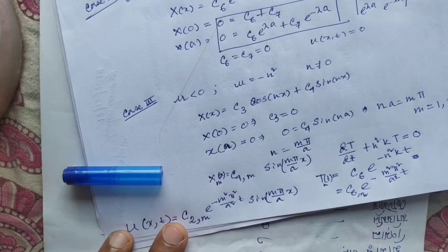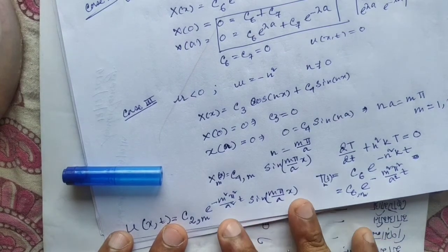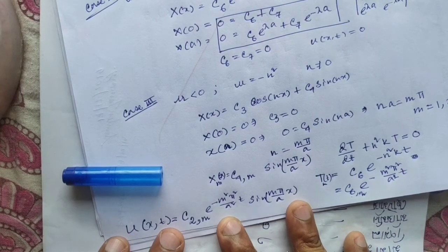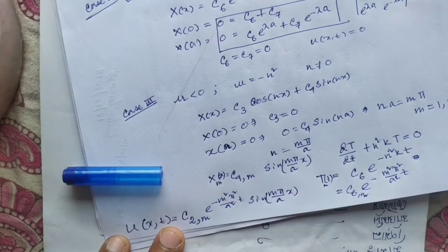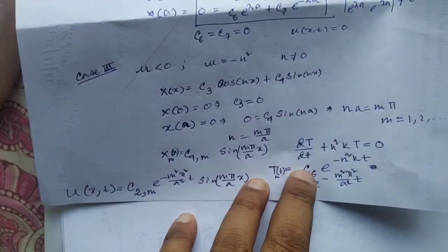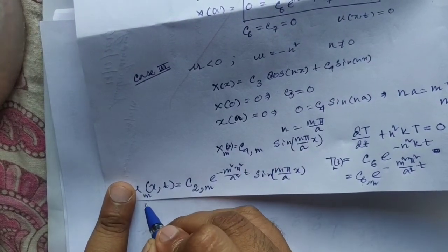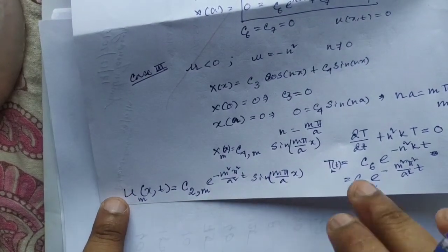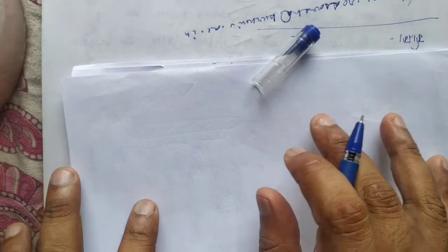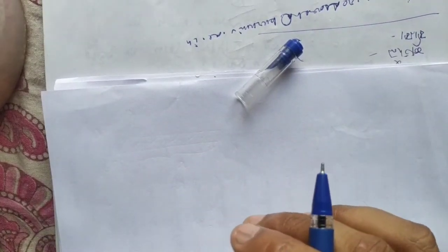So this is the solution. Now another step to be taken. Apology, you have to write m as a suffix of u as well, right? So what you have? Sorry.